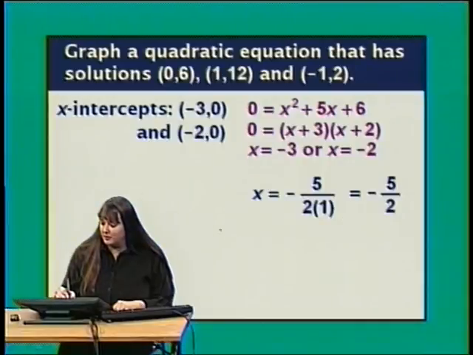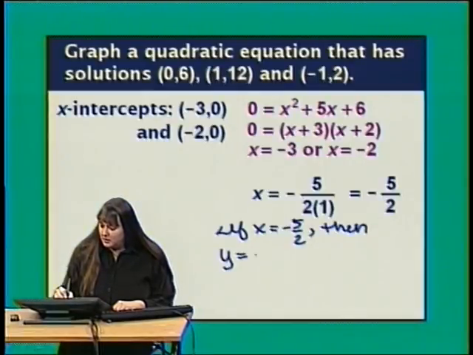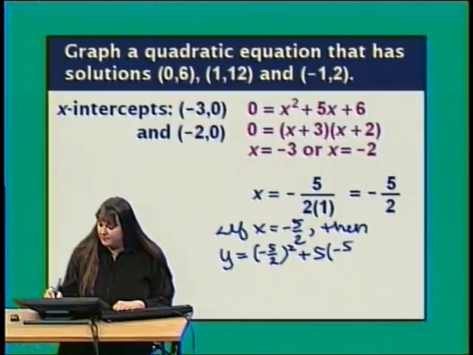What about the y-coordinate? Well, if x is negative 5 halves, then y is the square of negative 5 halves plus 5 times negative 5 halves plus 6.